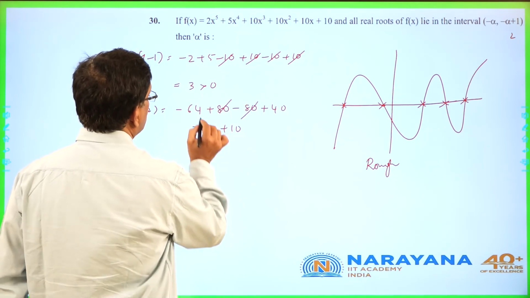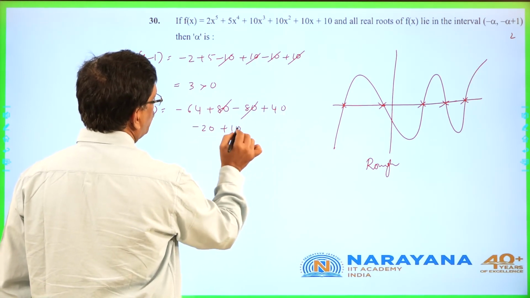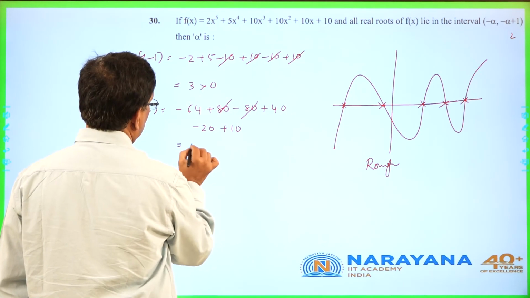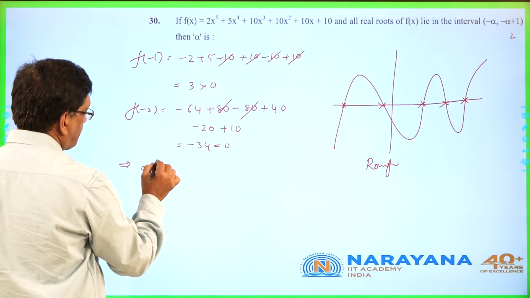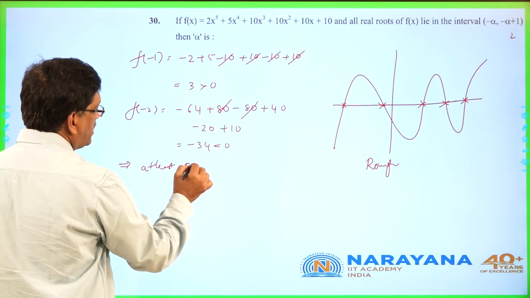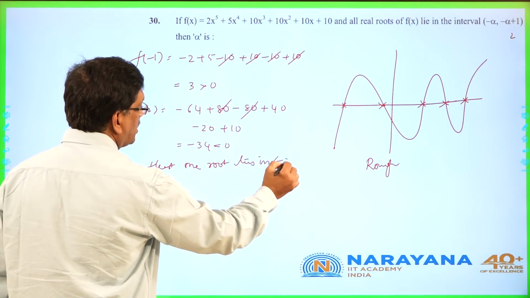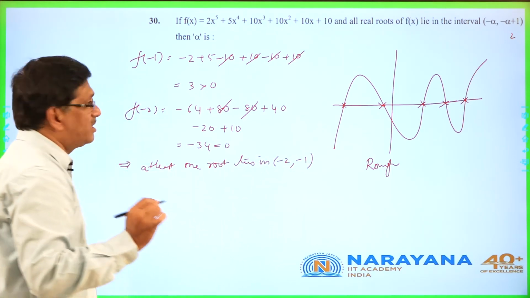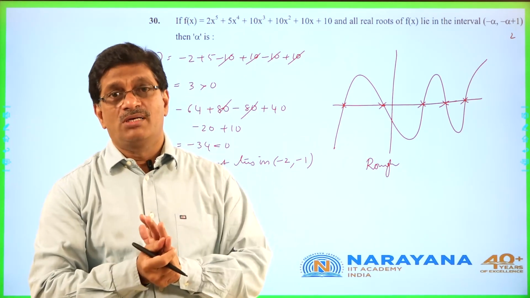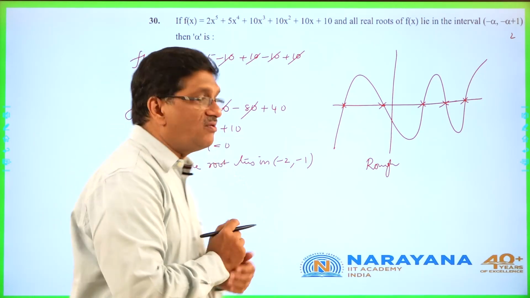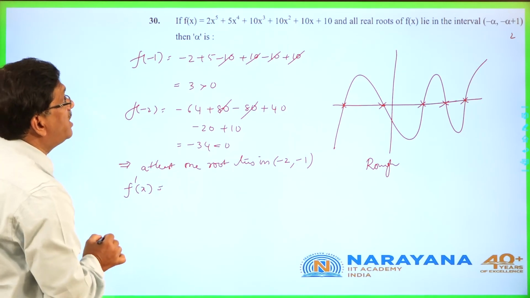So this is minus 64, minus 24, minus 44, minus 34. Negative. That implies at least one root lies in minus 2 to minus 1. That much we can conclude. We don't know whether all the roots lie in that interval or not, until we find its derivative. That is the reason why we are going for derivative.